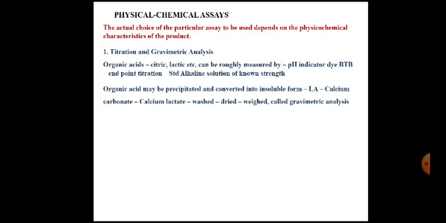Then this calcium lactate is washed, separated by centrifugation or filtration, dried, and weighed, and then its quantity is measured. So this precipitation, washing, drying, and finally the quantity determined in terms of its weight is called gravimetric analysis.